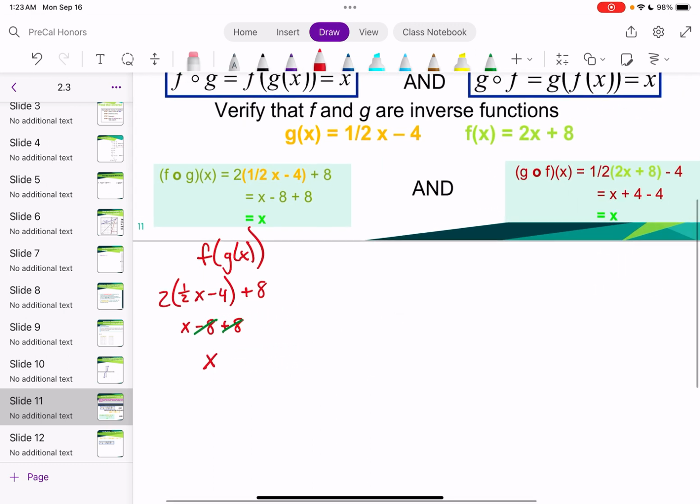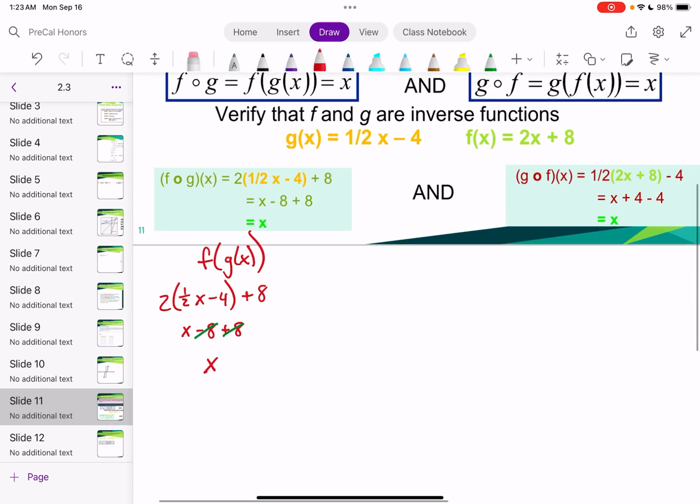We're going to go ahead and do g of f of x. So in this case, f of x would go into the g of x equation. So f of x is 2x.